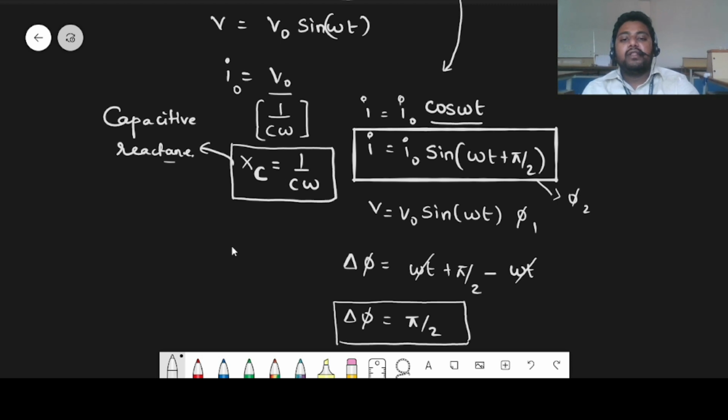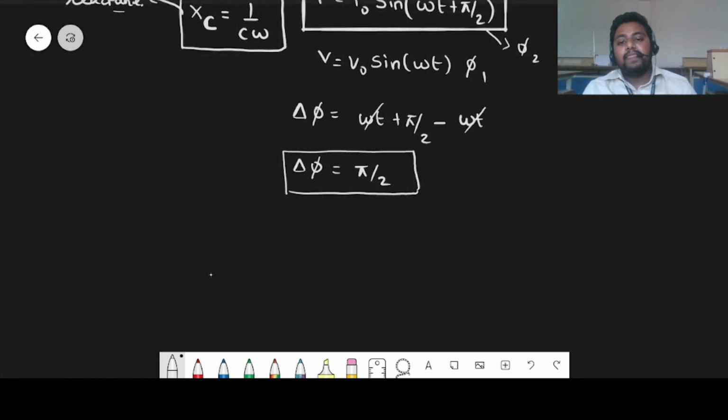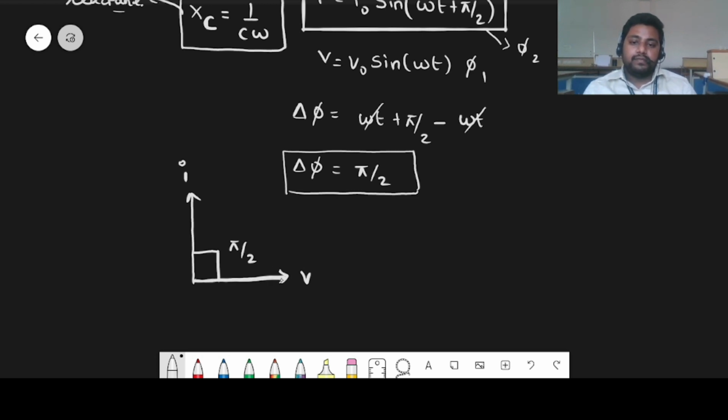If you observe, the current is leading. That means if this is your V, the current equation is leading by pi by 2. This is your current I. This is for a purely capacitive circuit. Current will be leading by pi by 2.